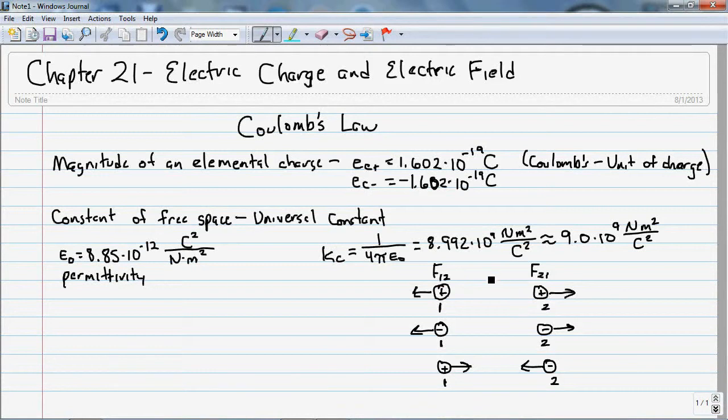So we need to understand what these subscripts are saying. We have F12, force sub 1, 2, and that's going to be the force on charge 1 due to charge 2.